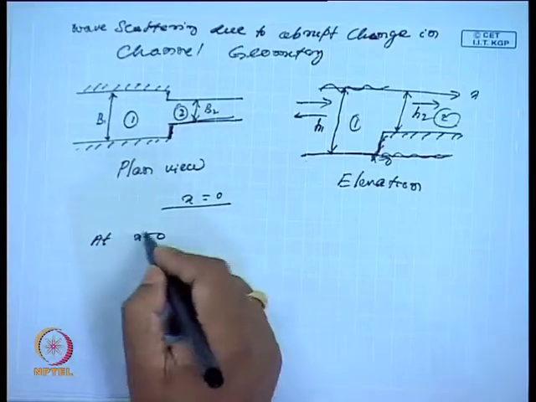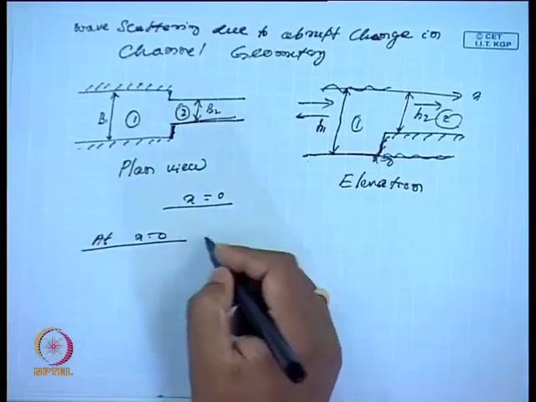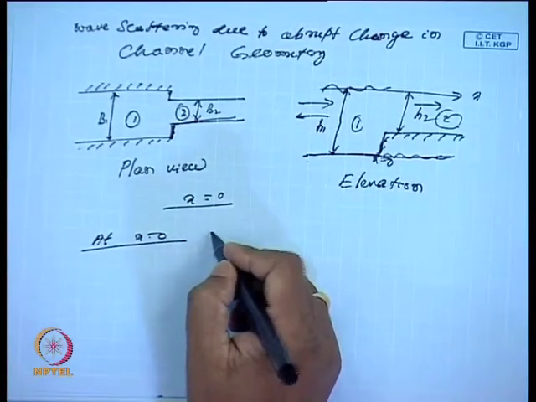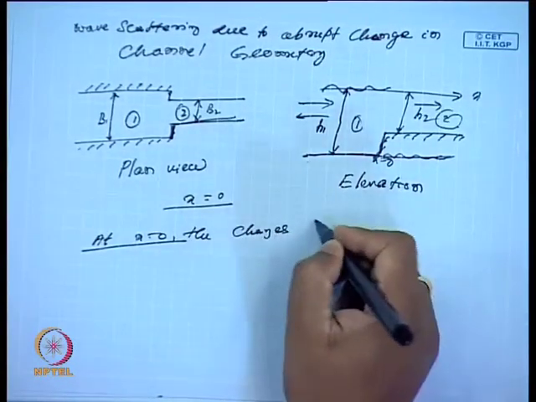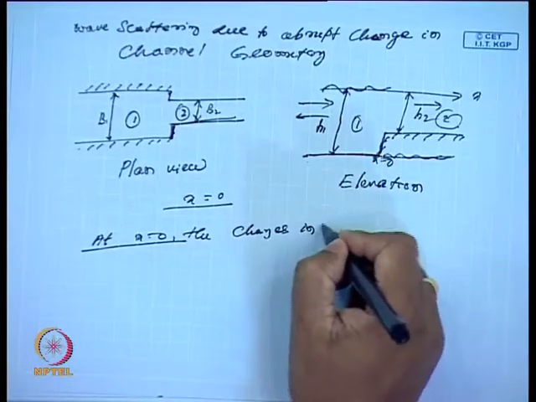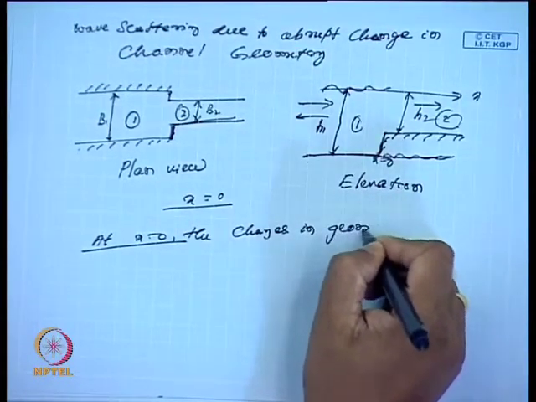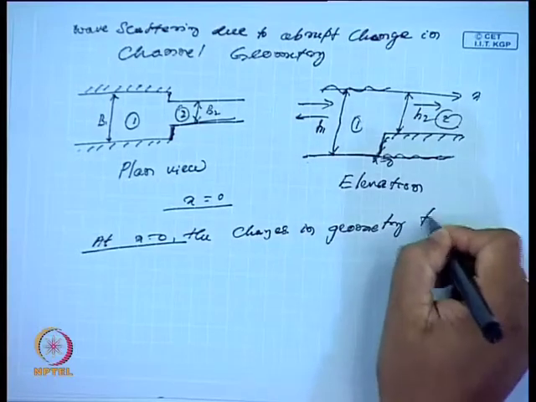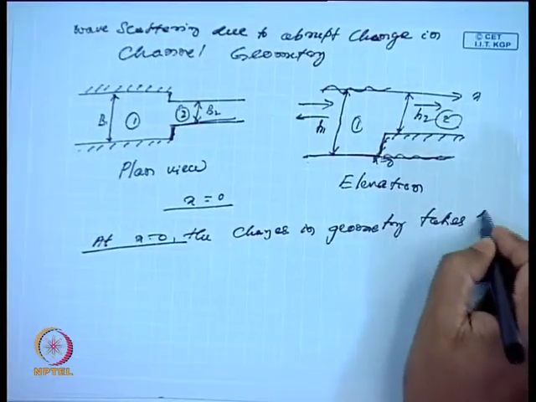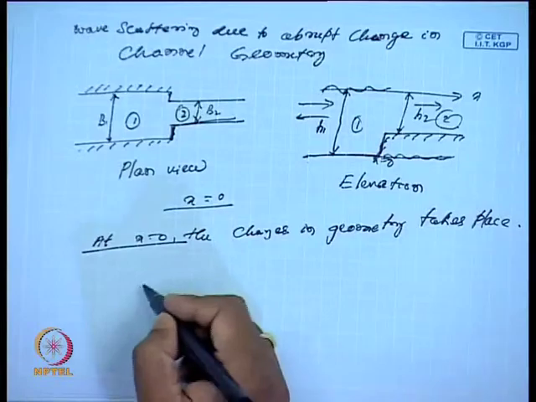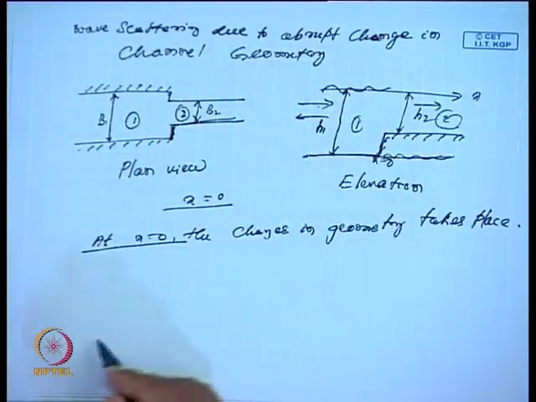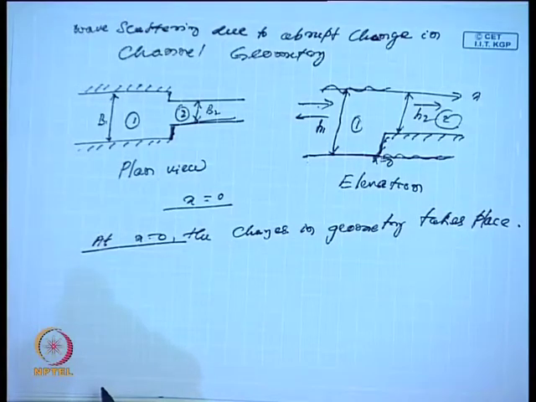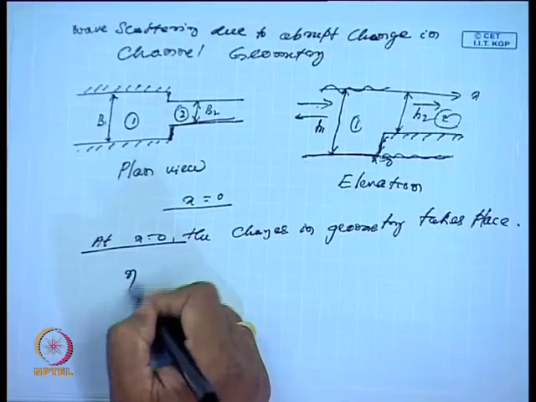If I look at x equal to 0, where the changes in geometry take place, then at the far field, far away from the channel where the changes occur, what will happen to my eta?